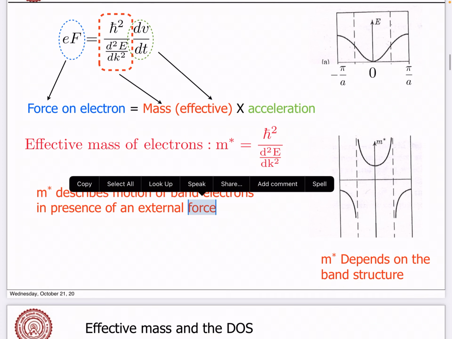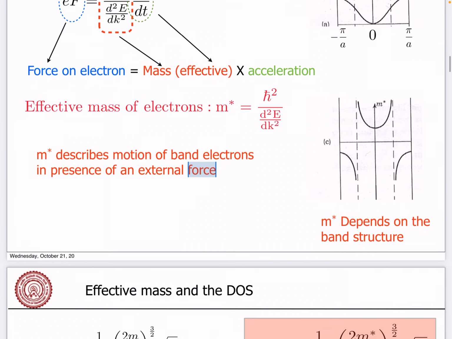If you compare the band structure, the top curve here, E versus k within the first Brillouin zone, you see that for the lower half of the band the effective mass is positive, whereas for the upper half of the band the effective mass is negative. So now we try to understand what it means.